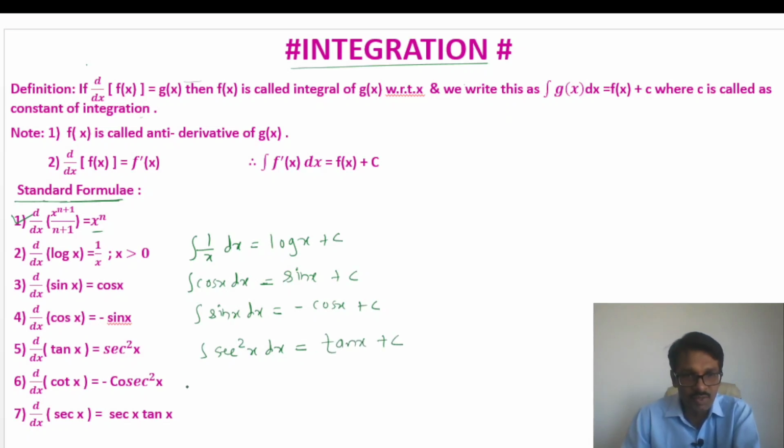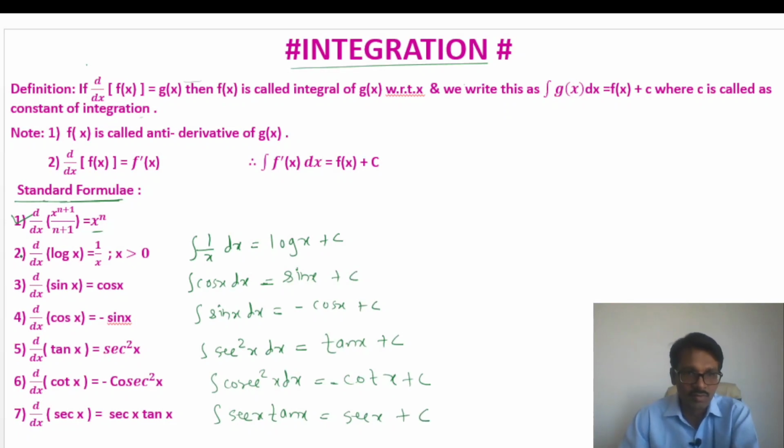The integration of cosec square x with respect to x is minus cot x plus c. The integration of sec x into tan x is sec x plus c.